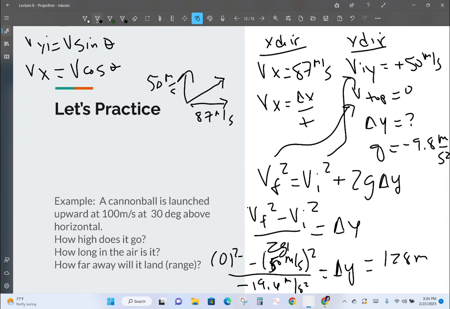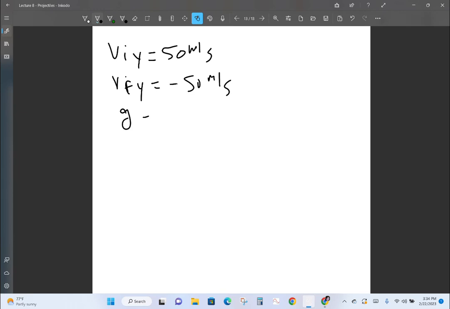Now I want to find how long it's in the air. Well, Viy is 50 meters per second. When it lands on the ground, the final velocity is negative 50 meters per second. Gravity is negative 9.8 meters per second squared. And t is what I'm looking for. So I need something that doesn't have x in it. That's going to be Vf equals Vi plus at.